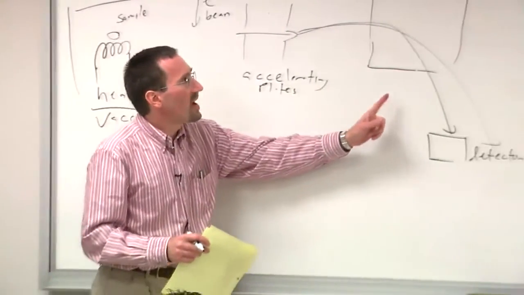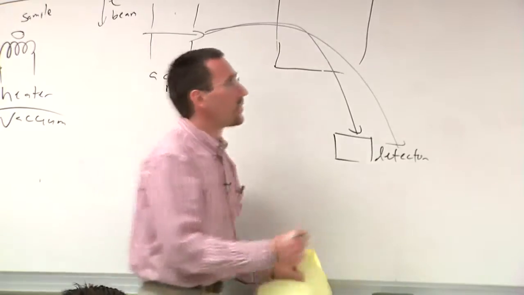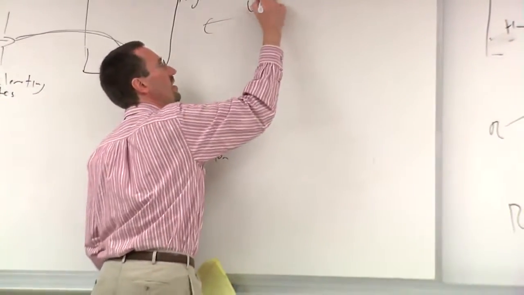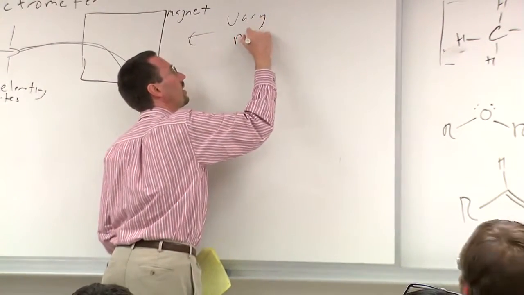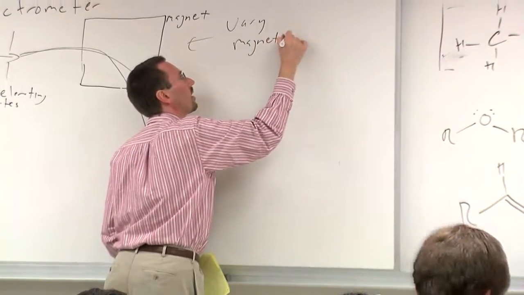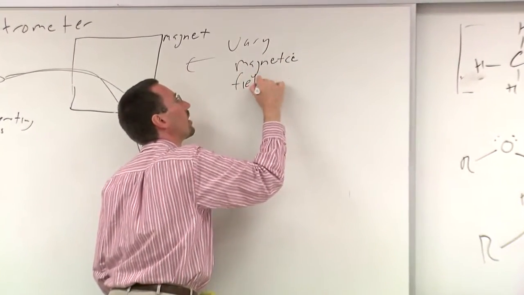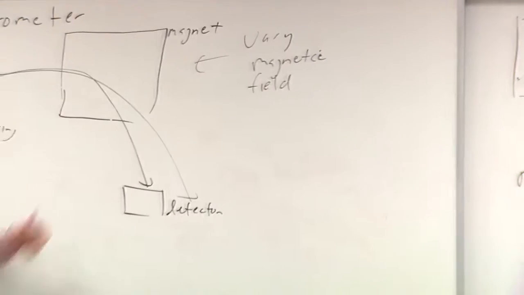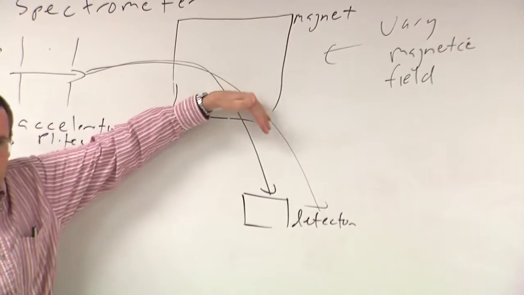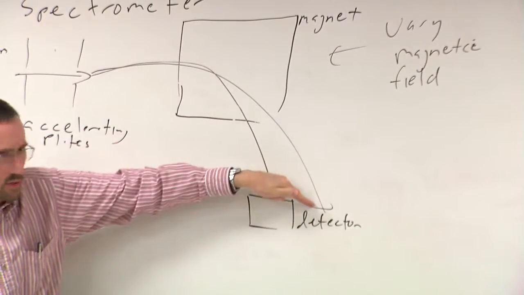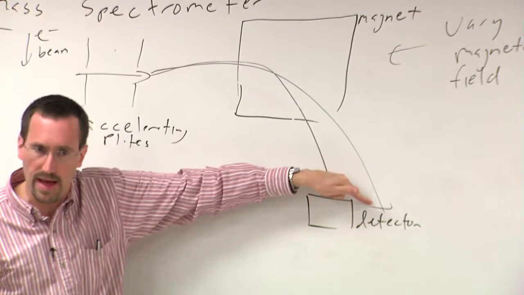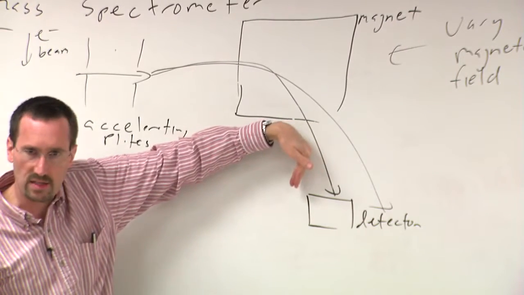So this is called a magnetic sector instrument, and what you typically do will be vary the magnetic field. And in doing so, as you increase the magnetic field, those molecules that are deflected less will then get deflected more.